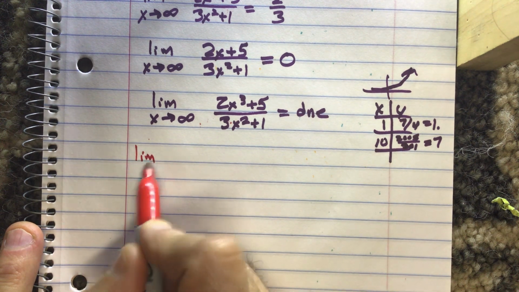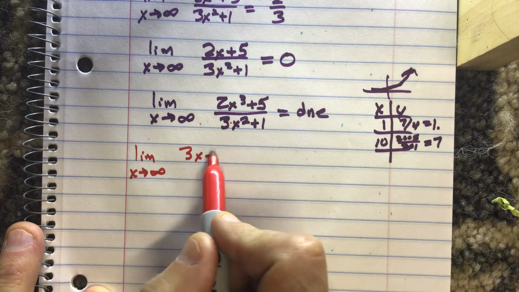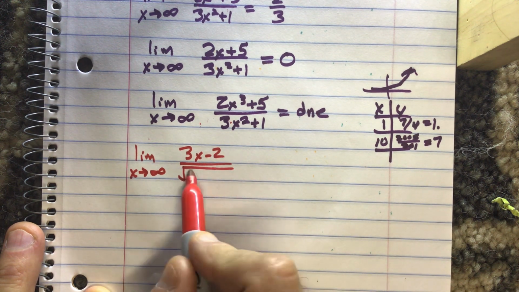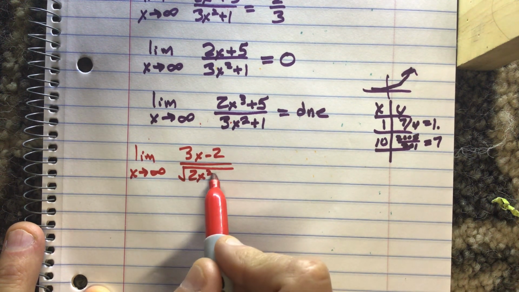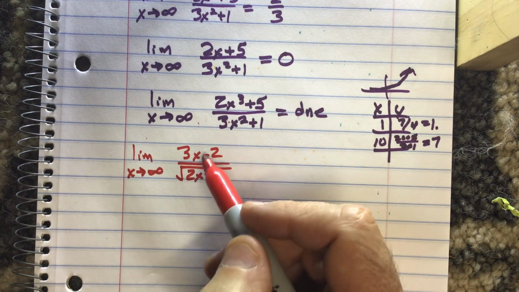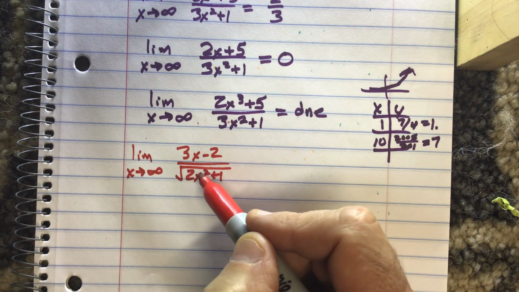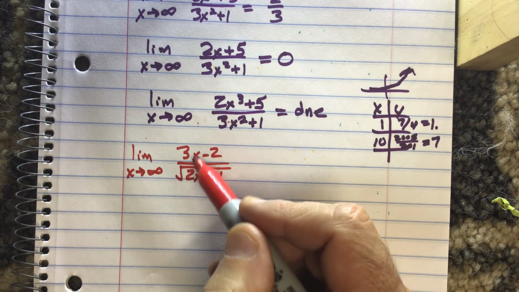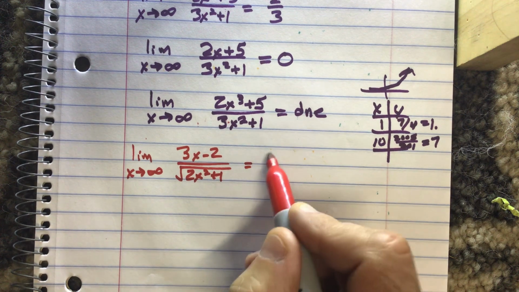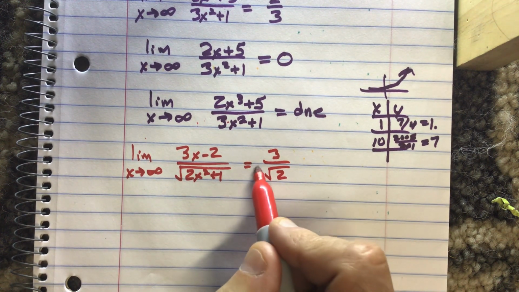Let's look at the limit as x approaches infinity of 3x minus 2 over the square root of 2x squared plus 1. Once again, it doesn't look like they have the same exponent, but they do, because the square root of x squared is just x. So these are both x's. Again, you're looking at the coefficients, which in this case is 3 over the square root of 2. And that's plus or minus.